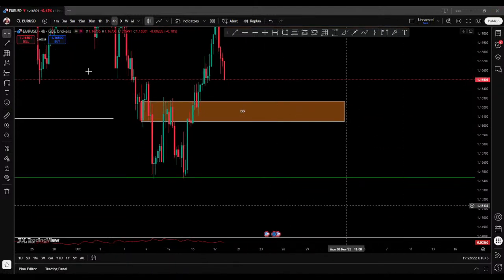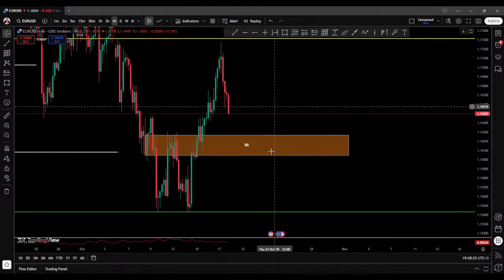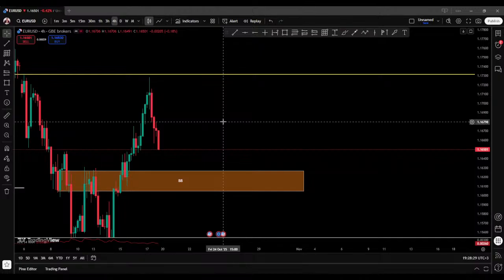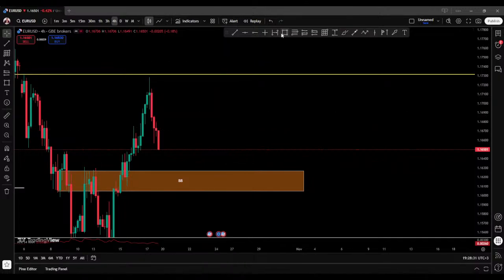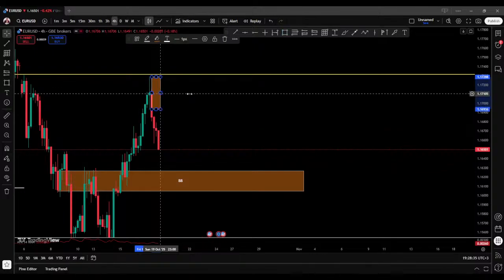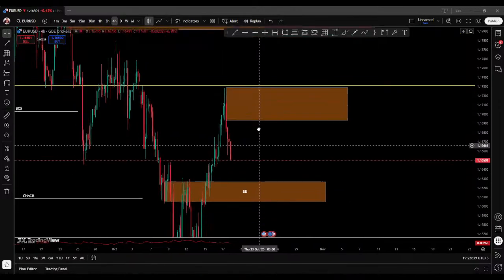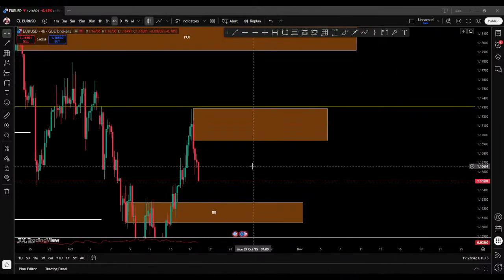We look for a sell opportunity that will bring us to what? To this order block. Now, this order block has not been retested.